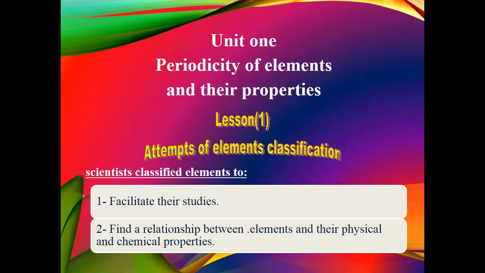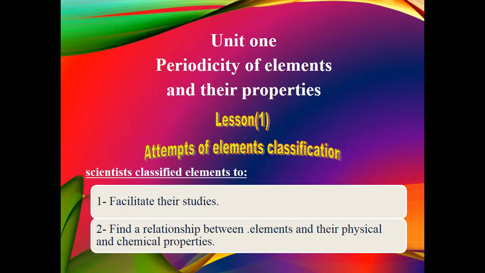Why do scientists think to classify elements? Exactly, if you look at your room, for example, in your room you are going to organize everything. So you'll be very organized or classified into social studies, that part for social studies, another one for science, another one for math, and then for Arabic.